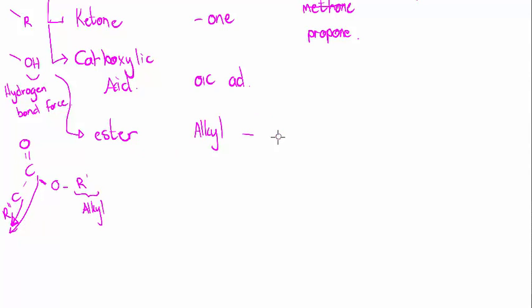The carboxylic side will be a normal alkane name, like methane, but it will end on -oate. So methanoate, ethanoate. Just as an example, if I have two carbons, the one carbon is double bonded to the oxygen, single bonded to the oxygen, and this oxygen is bonded to one carbon like that.